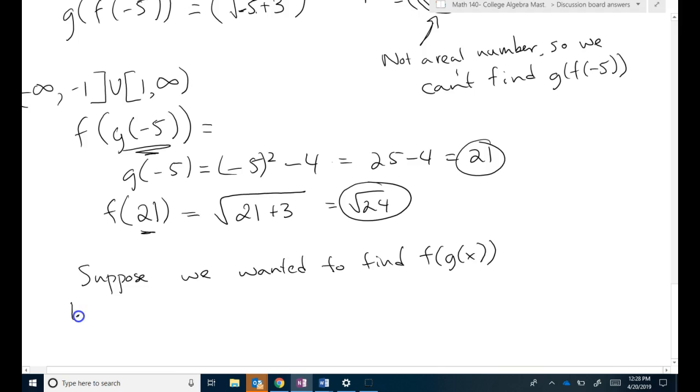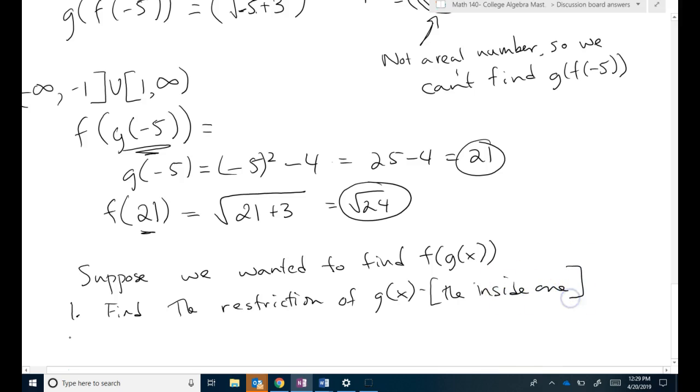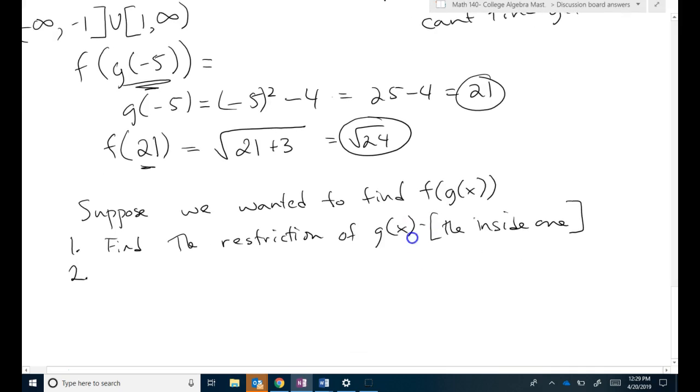First, find the restriction of g of x, the one that's inside. Then find the restriction of f of g of x.